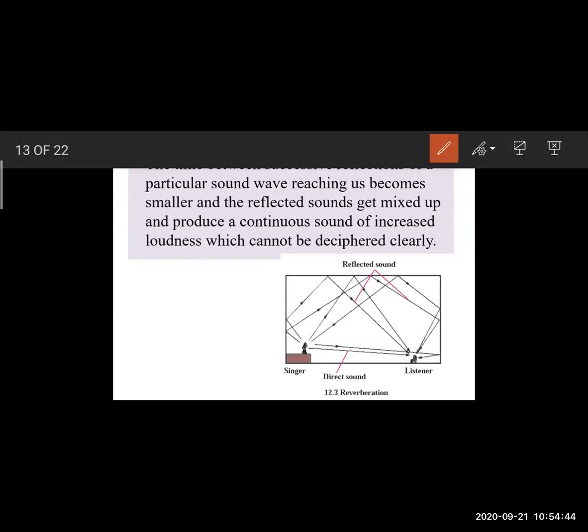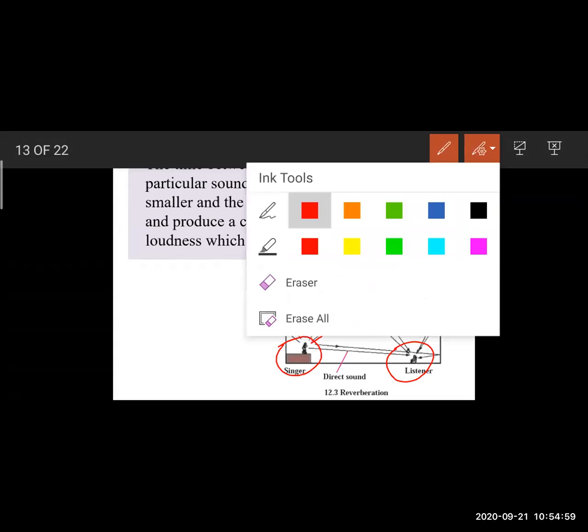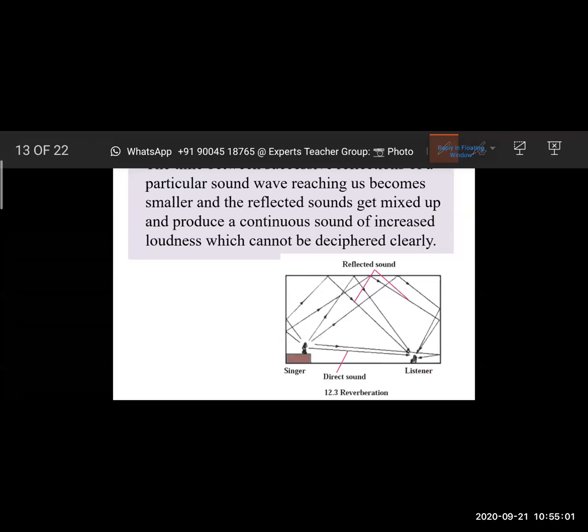Before clearing this, I will first give you an example. There is a singer sitting here and there is a listener sitting here. The singer is singing a song. That song is heard directly by the listener.